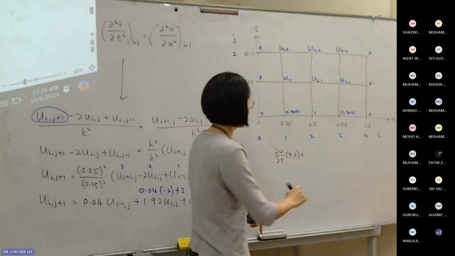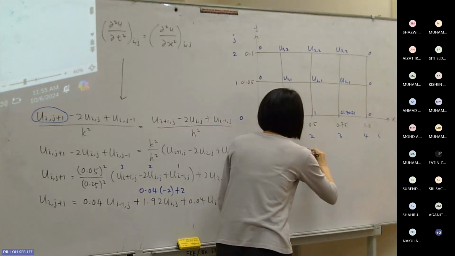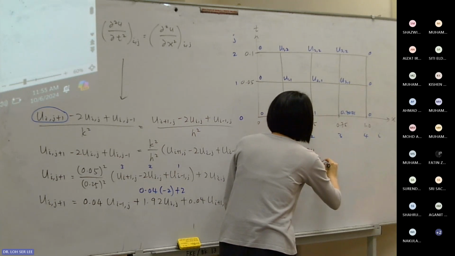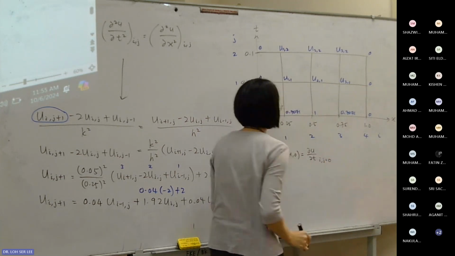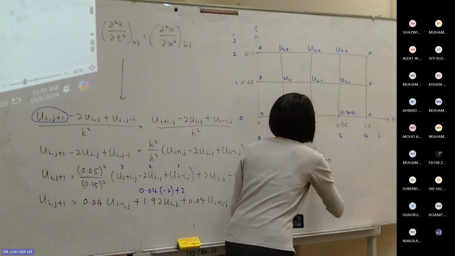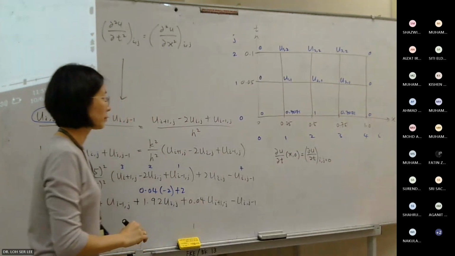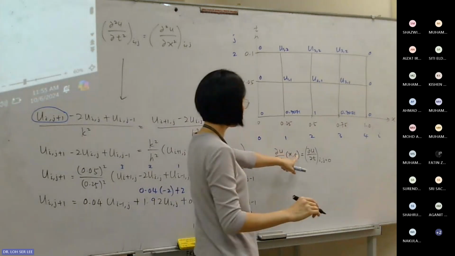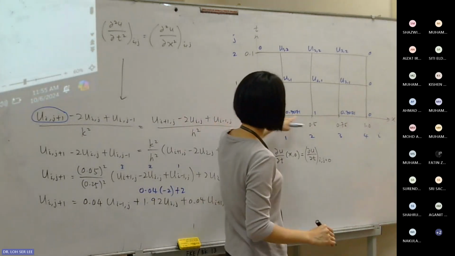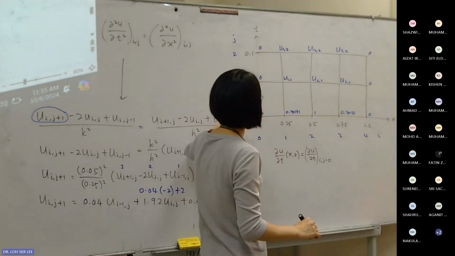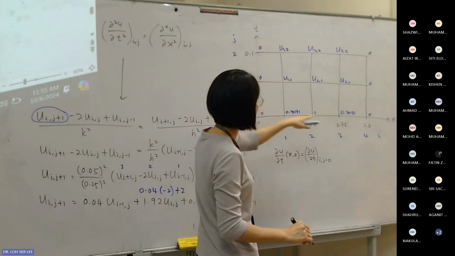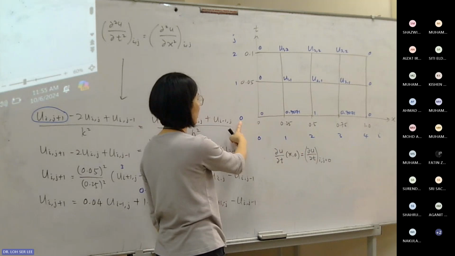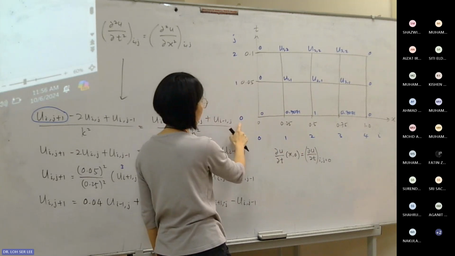This one we can write in the form of del u del t at i comma j equals to 0. So t equals to 0, it represents this x-axis. Okay, for this x-axis under the ij index, j equals to 0. That's why your j is 0.